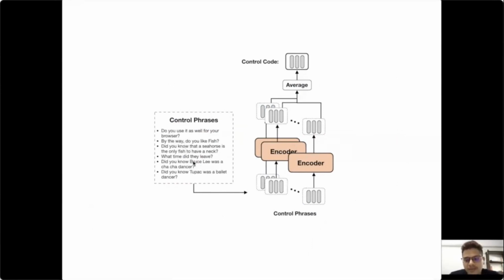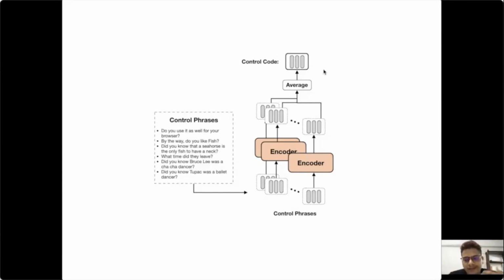And these are questions sampled from the training set of the Topical-Chat data set that we use. And then we pass each sentence through the encoder, get its representations. And then motivated from prototypical networks, we take a concept average. So this is basically a candidate or canonical representation of questions, which we call control code.